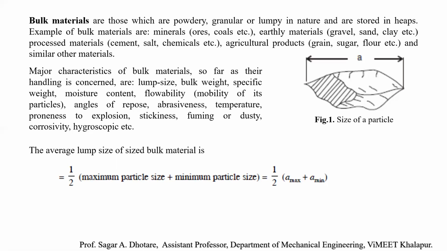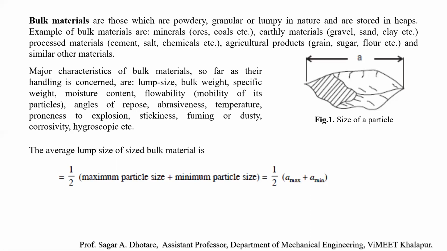The bulk weight, or bulk density, of the lumpy material is the weight of the material per unit volume in the bulk. Because of the empty space between the particles in the bulk material, bulk density is always less than the density of the particle of the same material. Generally, the bulk load can be packed by static or dynamic load.